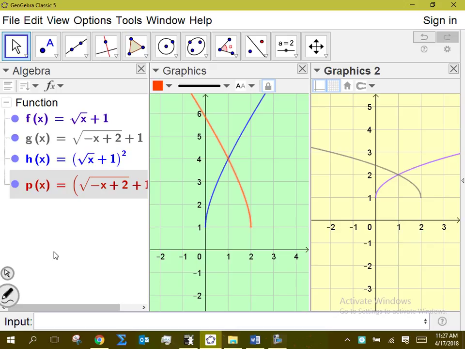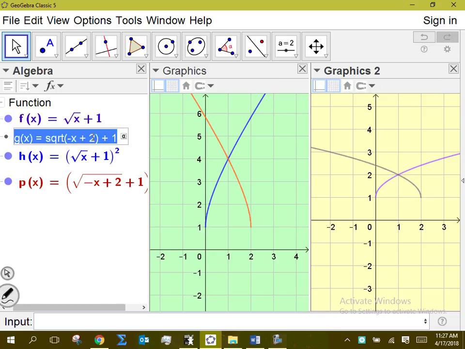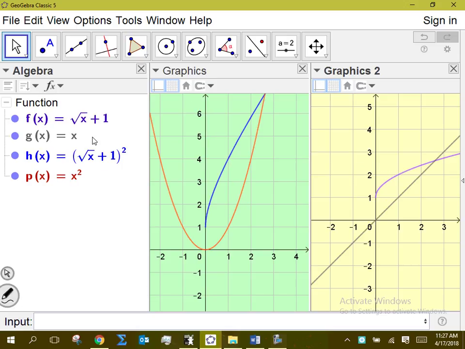We also found out maybe if this one was just x, so it's the line y equals x. Okay. You see there, and let's make this one -1.